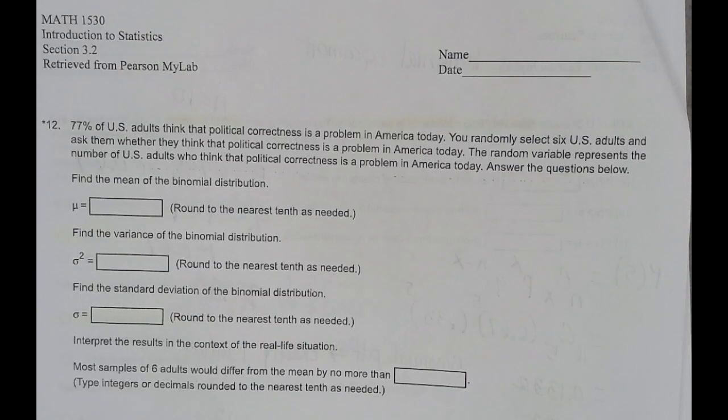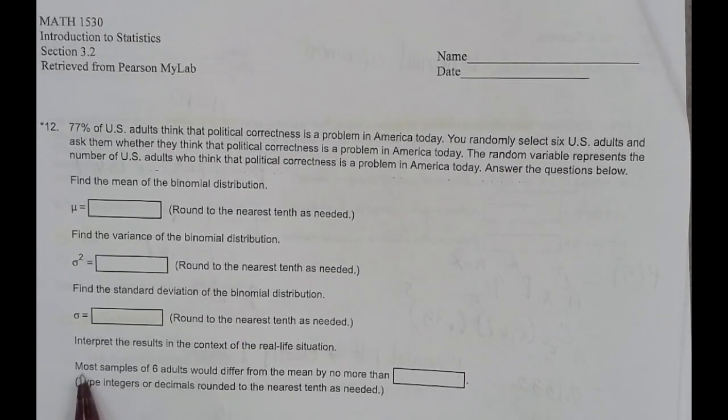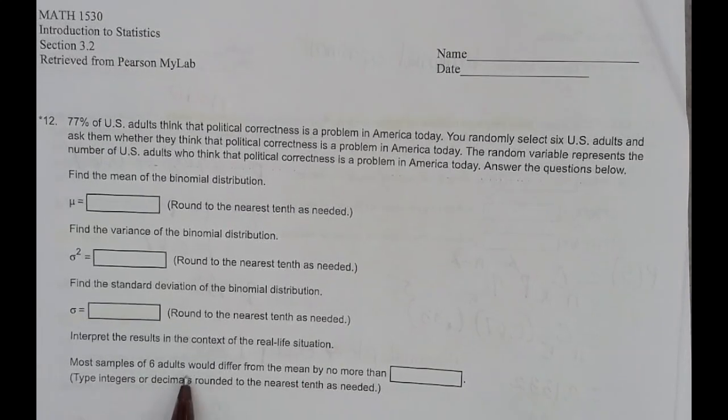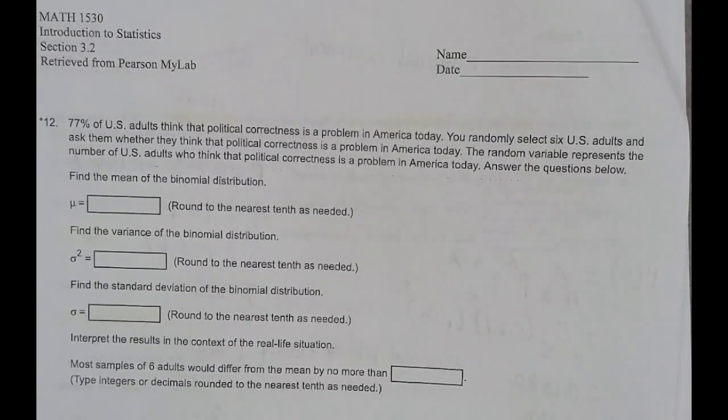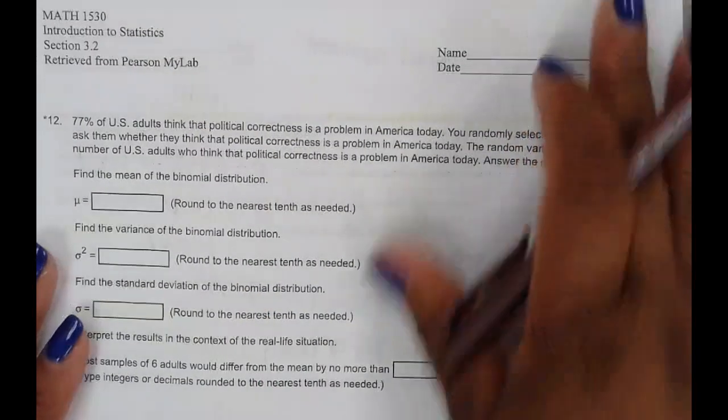We then will interpret the information that we found by stating most samples of 6 adults would differ from the mean by no more than blank. Okay? So let's start. I'm going to keep this up here, use the bottom of this paper. So the first thing we're doing is finding our mean.